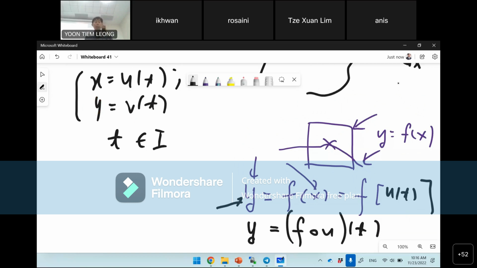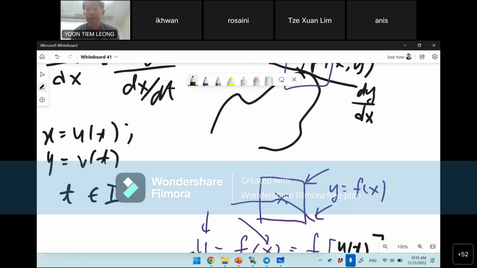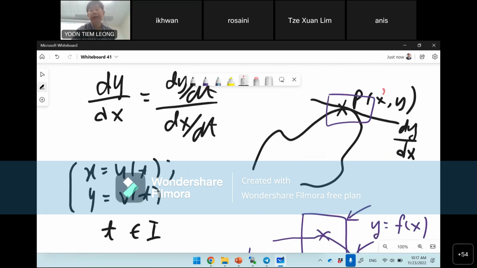Okay, so here let me begin my argument again. I am considering a point P sitting on a generic curve with coordinates x and y, and these coordinates are described by a set of parametric equations u and v in terms of the parameter t.